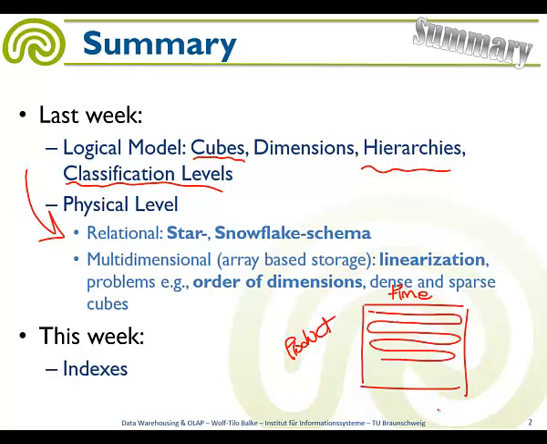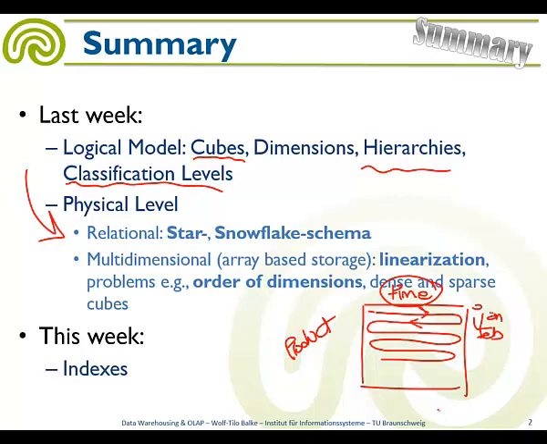What happens is that on the disk you read sequentially, which is good, depending on what kind of query you get. If we linearize according to the time dimension and we get a query about January and February, this was easy to read from the disk because everything is in sequential order.